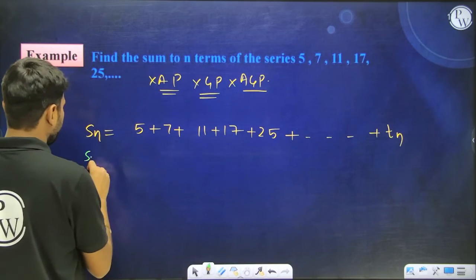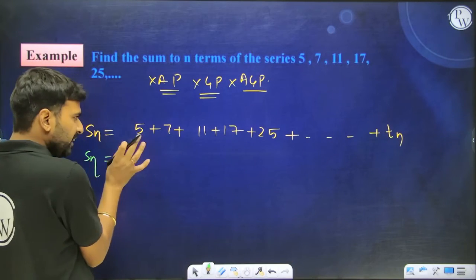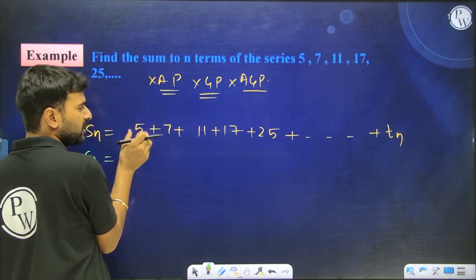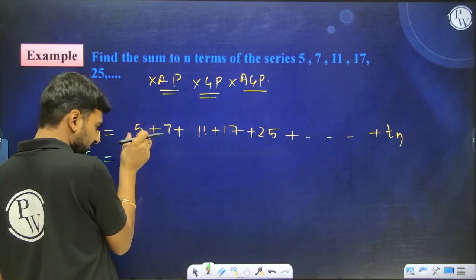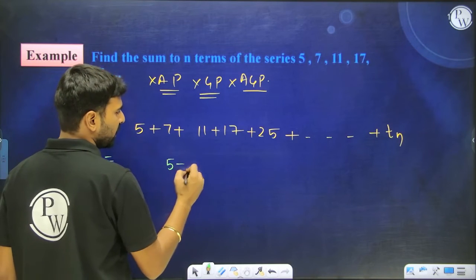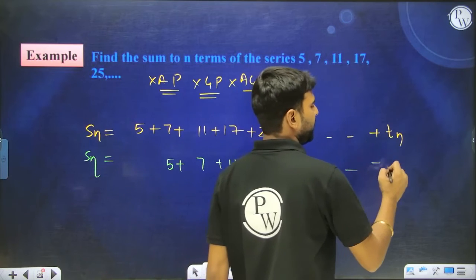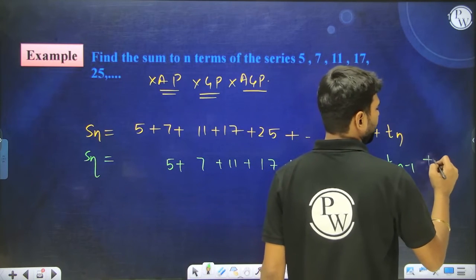So what we do is we simply shift. This time we multiply this with 1, and if we multiply this by 1 we get 5, but we don't write it below this, rather we write 5 below this, then 7, then 11, then 17 and so on. So over here Tn minus 1 will come and over here Tn will come.